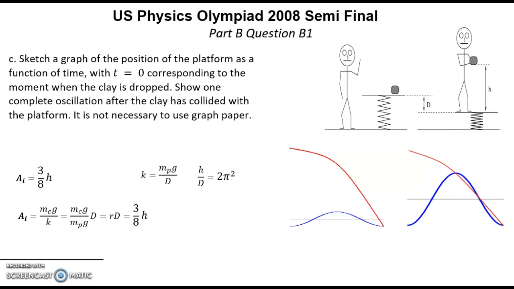It means that r equals 3 over 8 h over d, but h over d equals 2 pi squared. So finally we will get this answer.